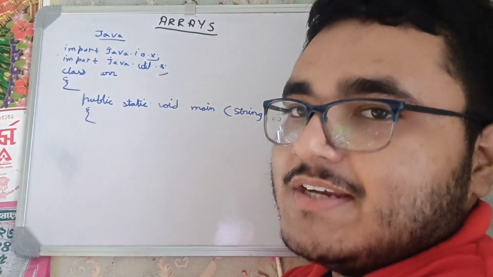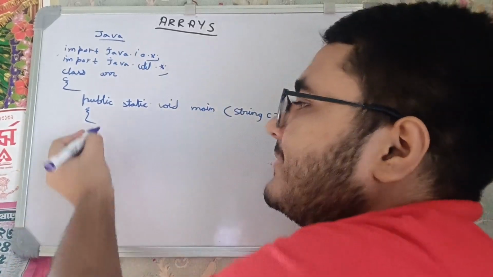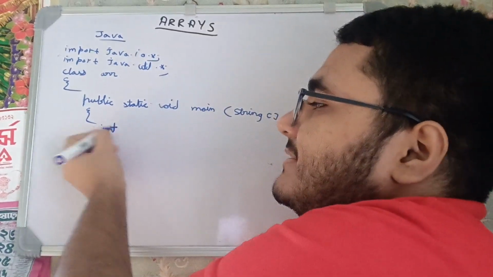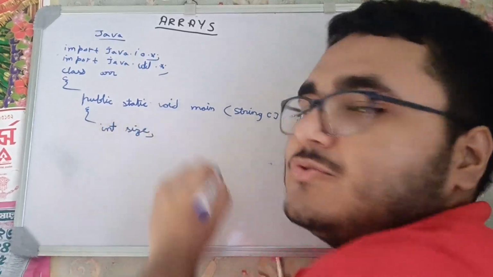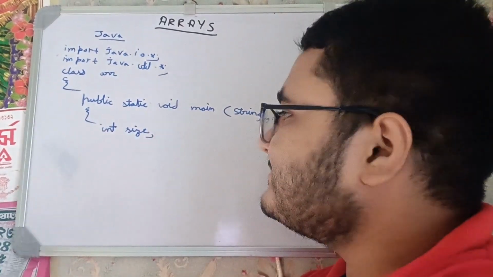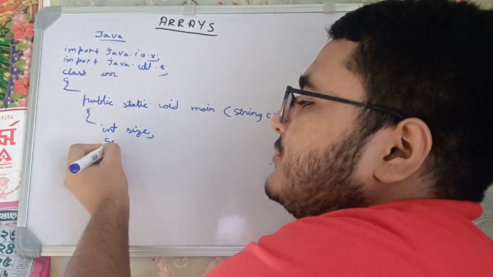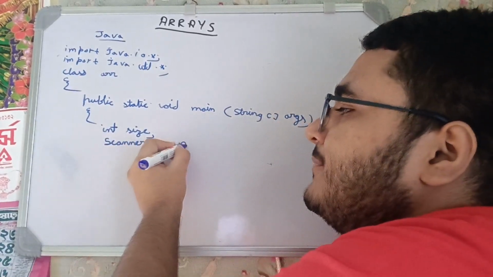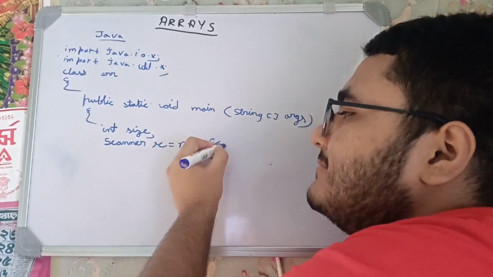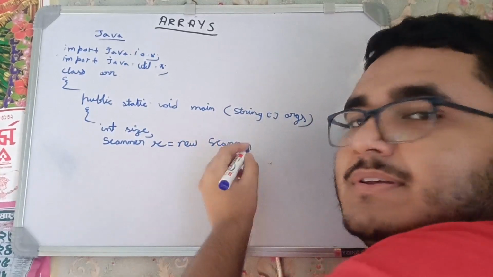Let the user decide what the size can be. Say int size. This is going to store the size of the array. We need to take input from the user. So Scanner class object: Scanner sc equal to new Scanner(System.in).